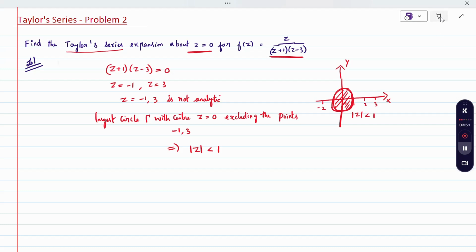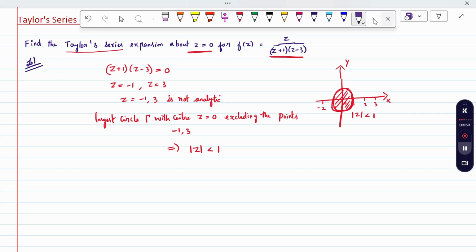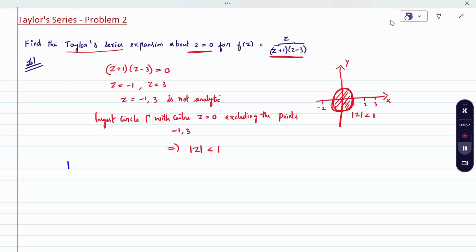Using this condition only, I have to write Taylor's expansion or Taylor's theorem. So partial fractions first I will do.